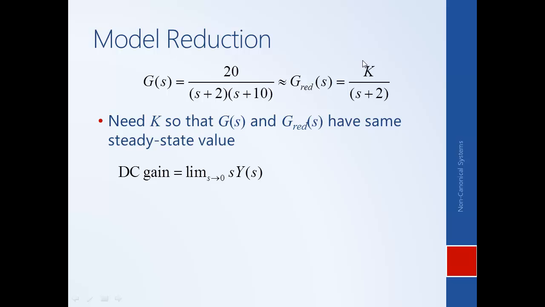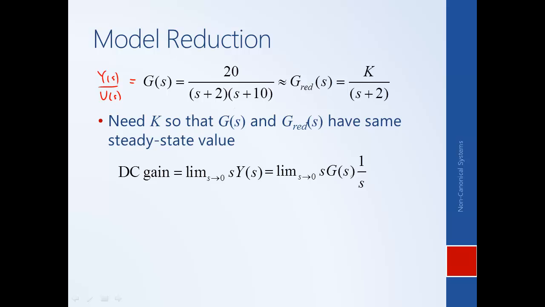So in this case, if we consider that G of S is equal to Y of S over U of S, then Y of S is equal to G times U, where U is a unit step. Since we're trying to match the steady state value, we're going to give it a constant input that's not changing, so that we can see what happens when the transient dies out.